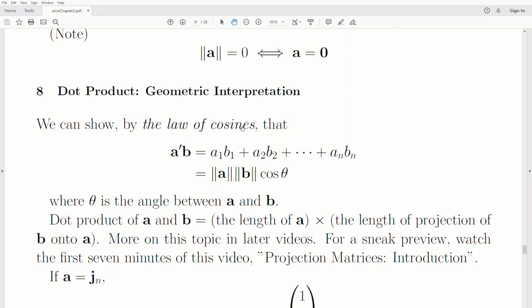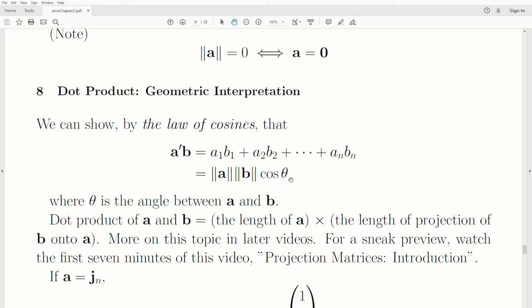Now the dot product, a very brief geometric interpretation, which we will expand on in later videos: we can show by the law of cosines that this dot product, A transpose B, is equal to the length of A times the length of B times the cosine of the angle between those two vectors, A and B. Remember that A and B are vectors, so they can be thought of as arrows starting at the origin and going out in space.